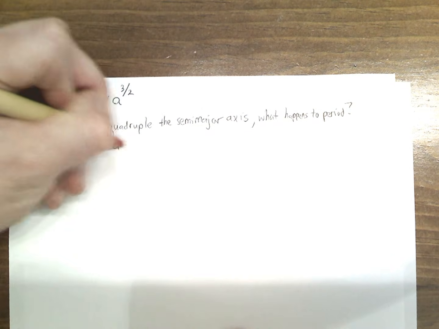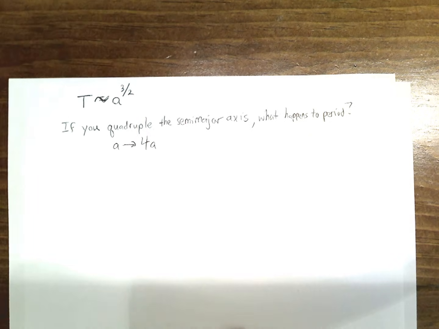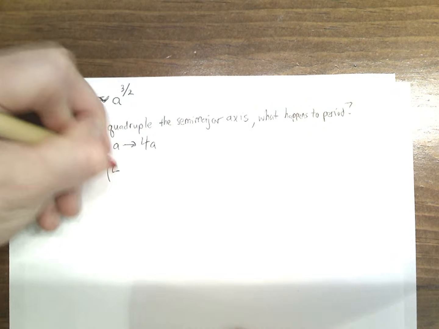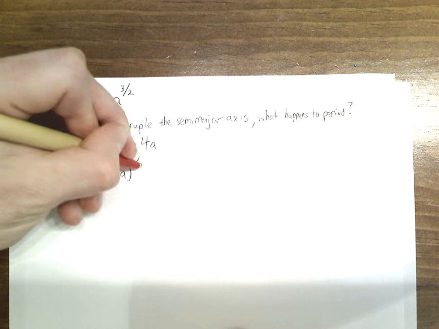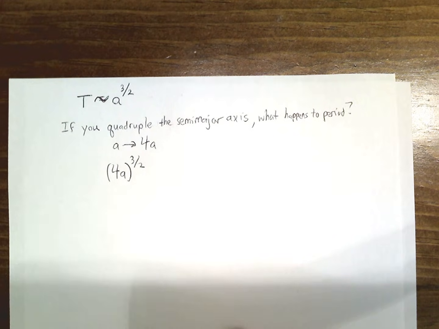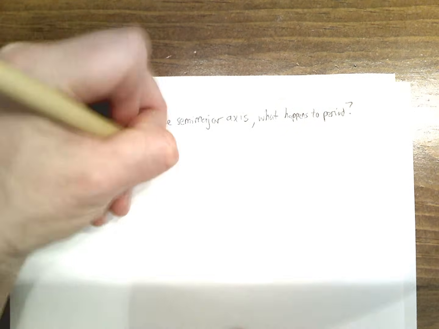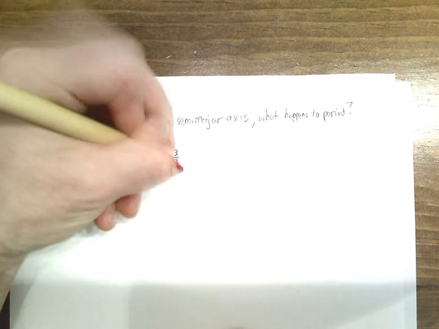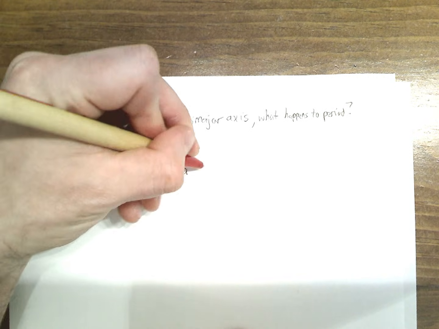Well, we're going to map A to 4A. That's the scaling here. So 4A goes in the parenthesis, and the 3/2 power is going to be applied to everything. So that means I have 4 to the 3/2 and A to the 3/2.